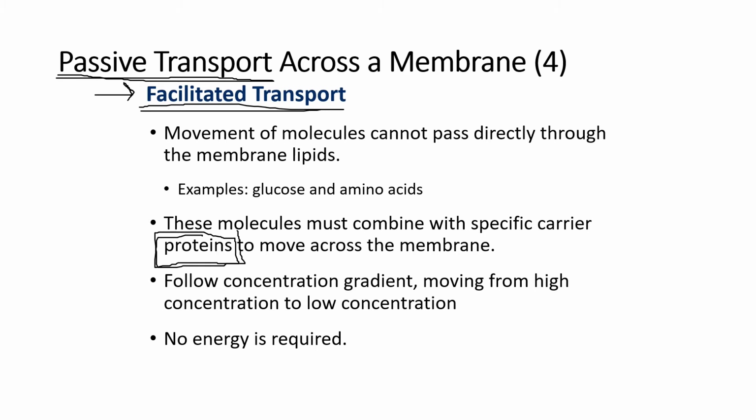It still uses diffusion to drive the direction of movement. So they will move down the concentration gradient from high concentration to low concentration. Because they're going downhill, down the concentration gradient, no energy is required.